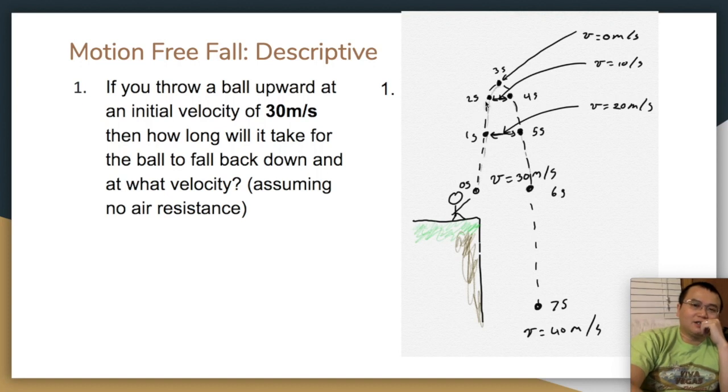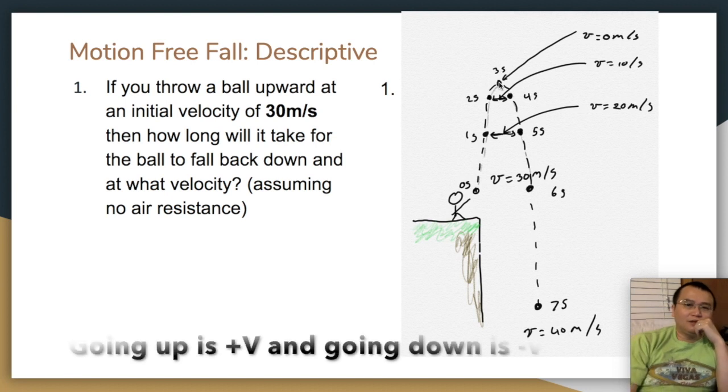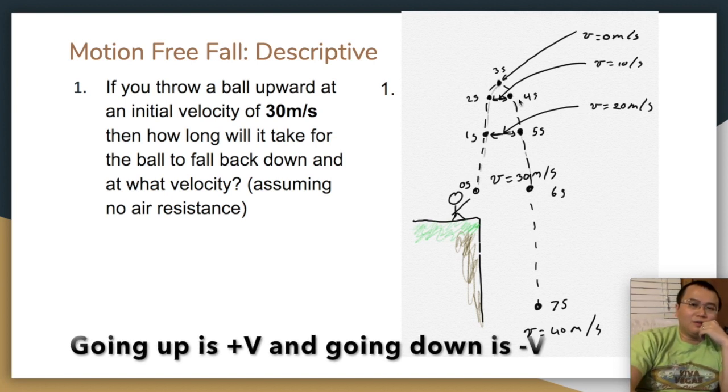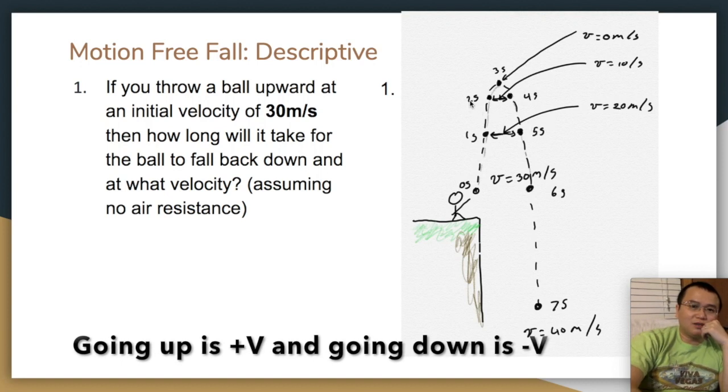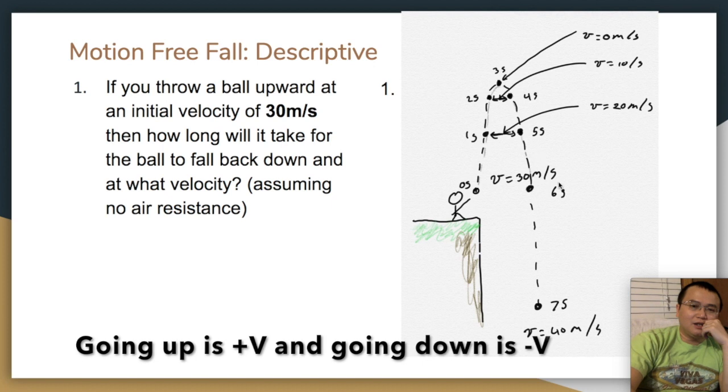The next second, you minus 10, so that would be 10 meters per second, and at the top, the velocity will be 0 meters per second. When it goes back down, during the fourth second it is also 10 meters per second, same as the second second over here. When it reaches this point, which is also the same over here, it has the same velocity, which is 20 meters per second.